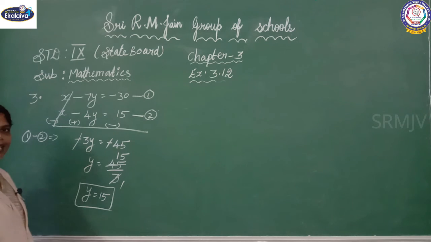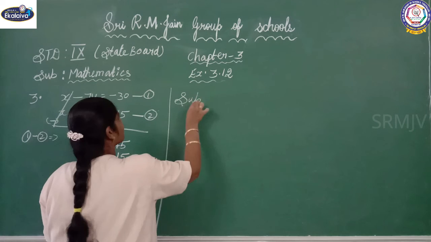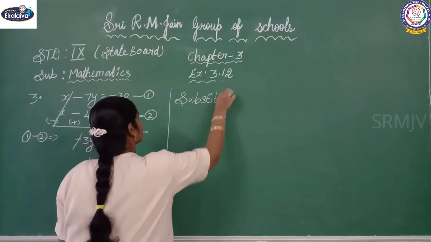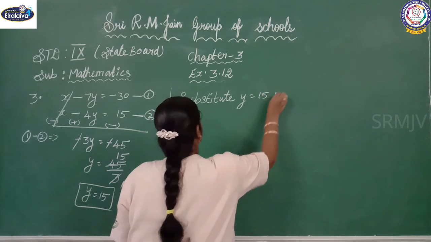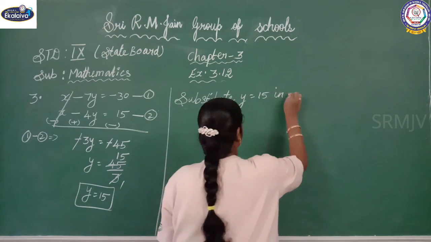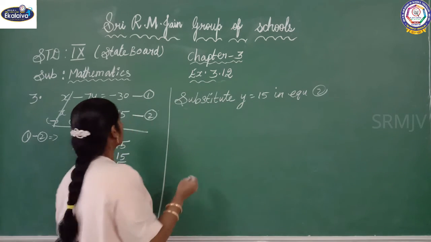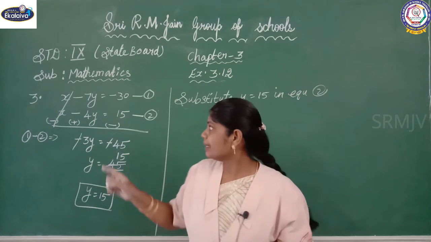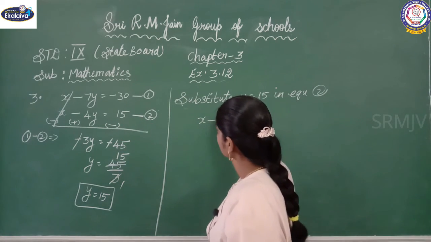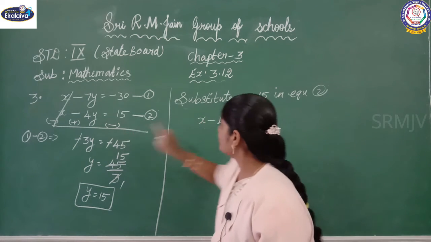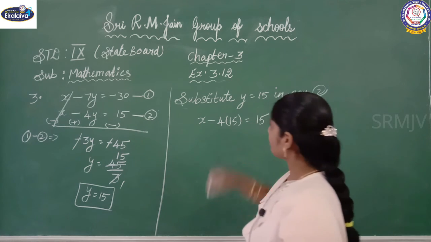Next we need to find the X value. Substitute Y equals 15 in equation 2. Okay. So what is equation 2, children? X minus 4Y equals 15. So X minus 4 into the value of Y, 15, equals 15.